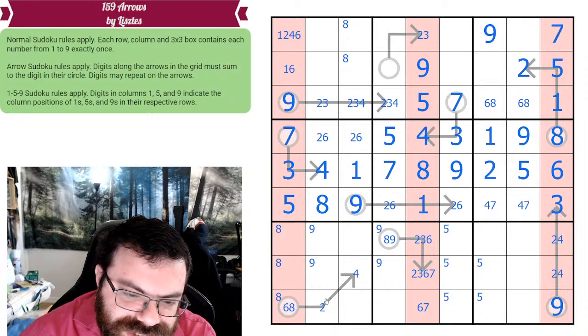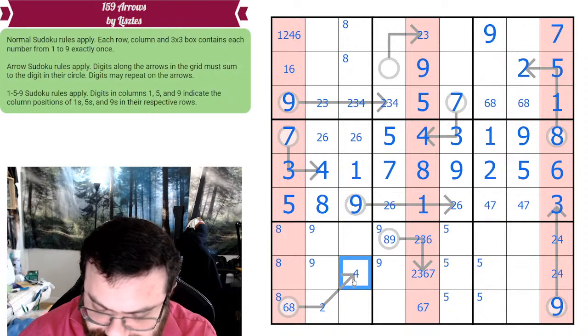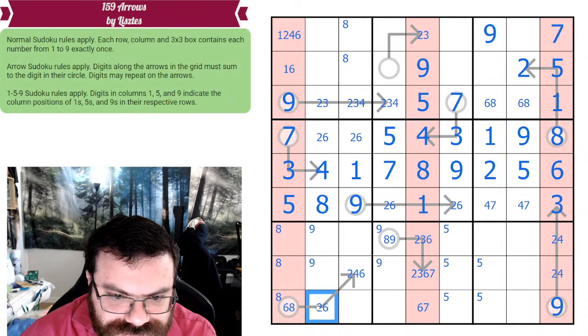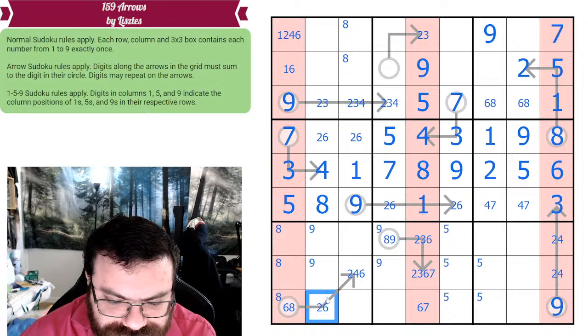Alright, well 8 could be 2, 6. Or 3, 5. This can't be 5, because that can't be 2. So this would be... Can this be 5? Yeah, that would be 3. So this would be 3, 5.